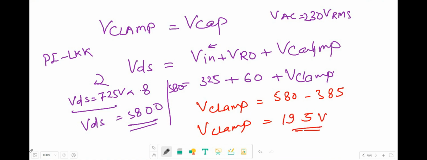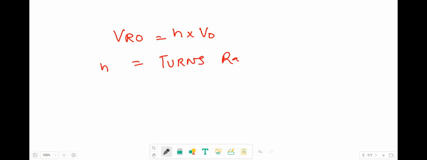Now you can use 195 volt as a clamping voltage, which is very far away from your reflected voltage. How are you going to calculate the reflected voltage? Your reflected voltage, we write it as VRO, is given by N times V naught, where N is the turns ratio.